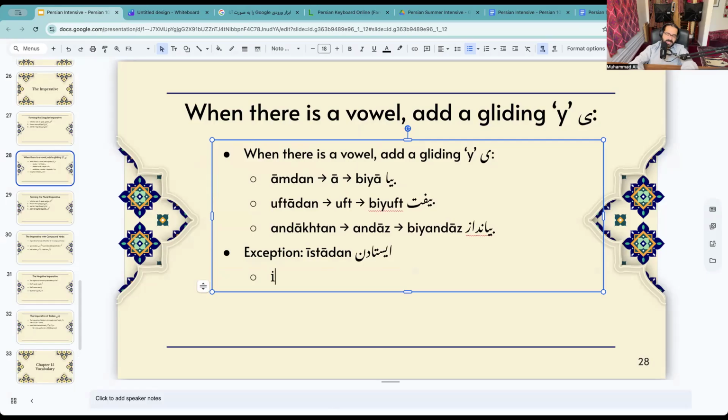So istadan, if I want to follow the same thing, istadan, the stem is east, but we say beist for some reason.